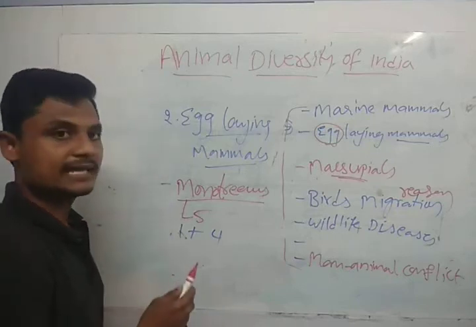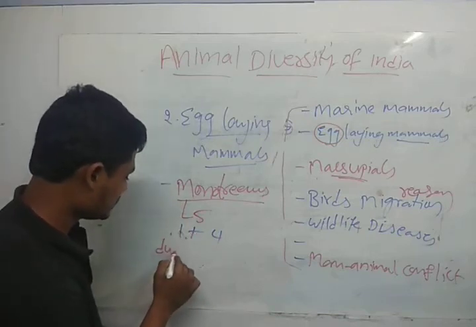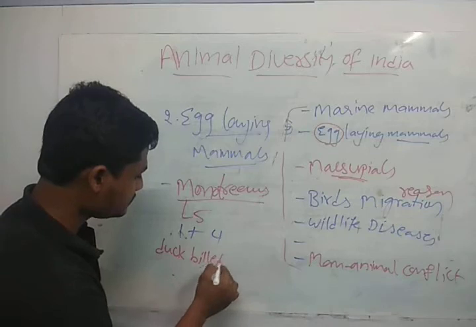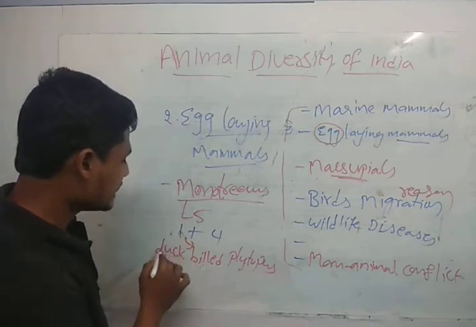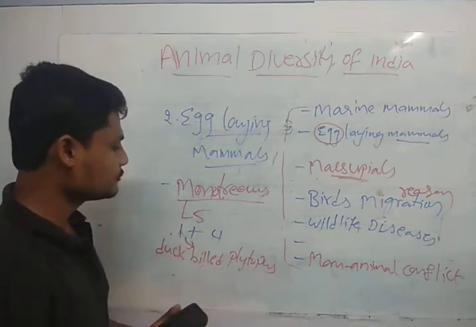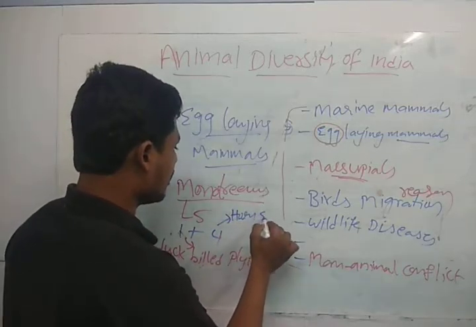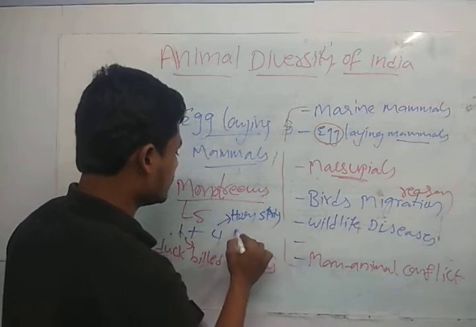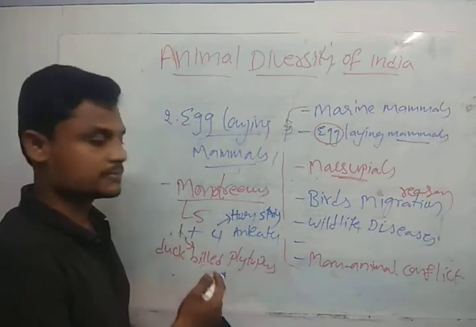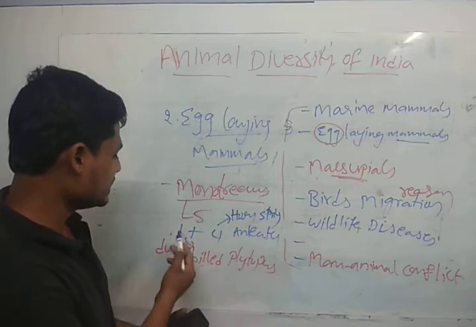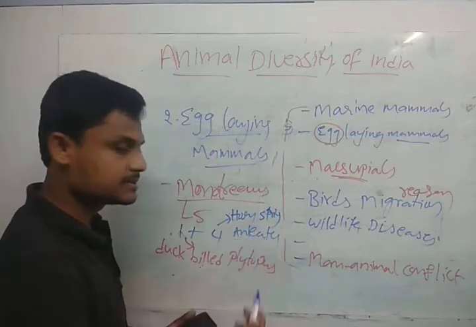The one is the duck-billed platypus, and the 4 are the spiny anteaters, which are called echidnas. So among the monotremes we have 5 in number: the first one is the duck-billed platypus, and the 4 are the spiny anteaters.